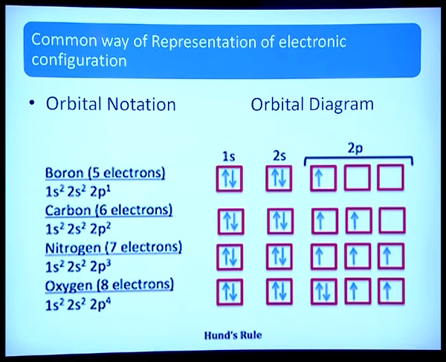Here we have taken the examples of boron, carbon, nitrogen and oxygen. In the orbital diagram method, the orbitals are represented by circles or boxes. Here we represent boxes, written in the order of increasing energies. The respective electrons are indicated as arrows whose directions represent their spin.